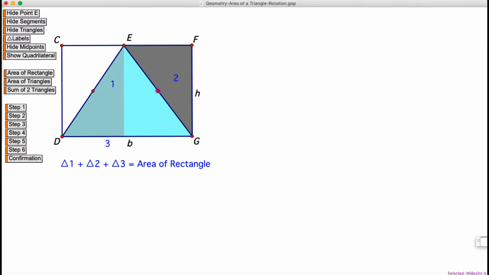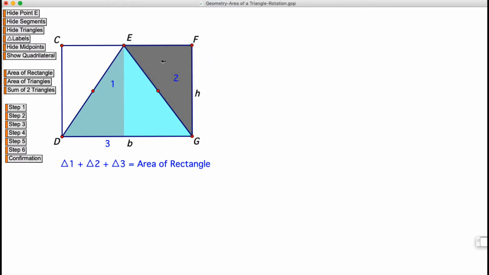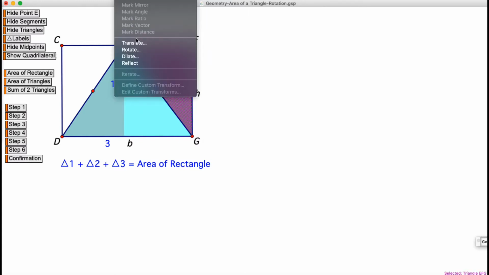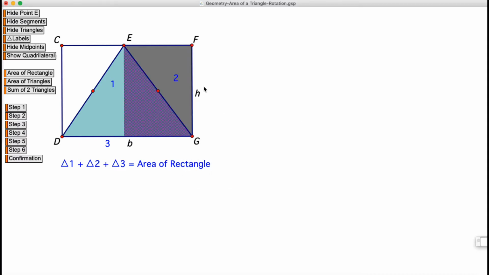Now I can do the same thing with triangle 2. And I'm going to rotate 180 degrees around the midpoint. And now notice that triangle 1 plus triangle 2 equals triangle 3.